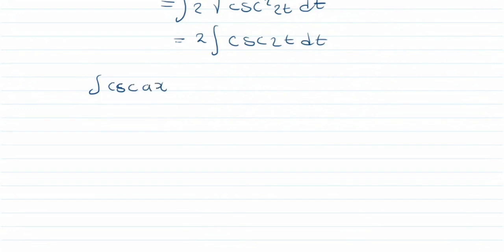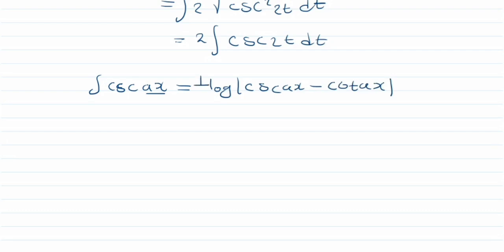So integrating cosec ax will be equal to natural log of cosec ax minus cot ax. Then you differentiate the inside function. When you differentiate this with respect to x, we get a. So here we'll say over, 1 over a.